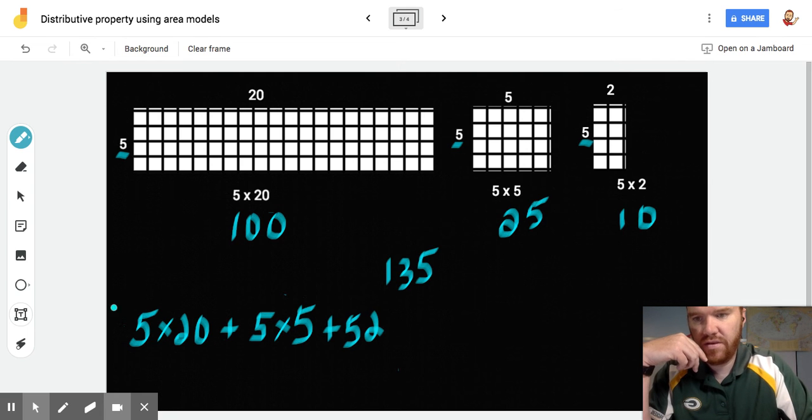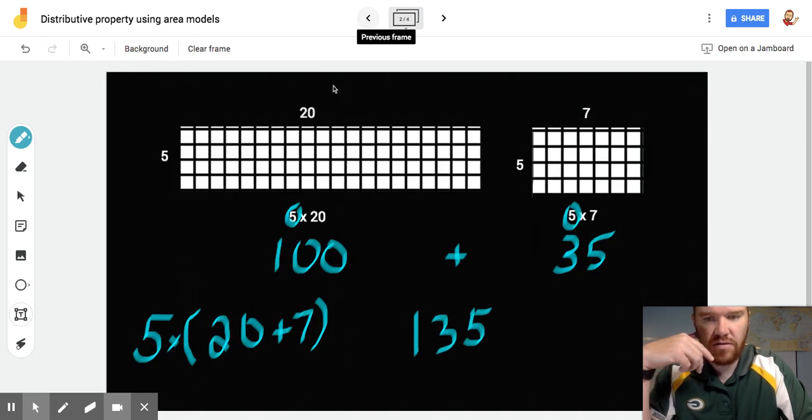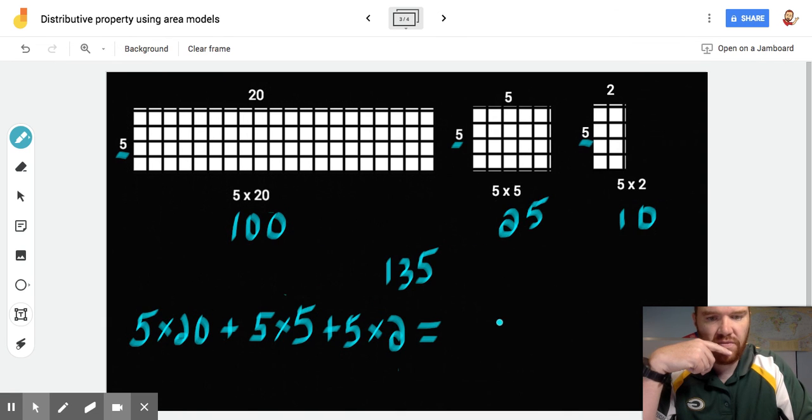Oh, my bad. Want a multiplication sign there. 5 times 2 is going to be the same as, hey, if I go back here, we've had 5 times (20 plus 7) was 135. So that's still going to be the same as that.